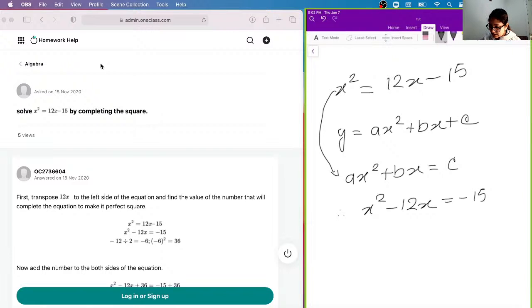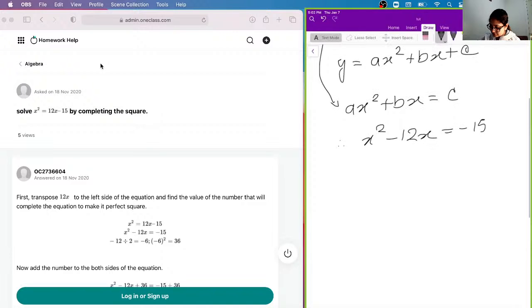And so this is our equation, and to complete the square, if you guys recall, you take the middle term, you divide it by 2, and then you square that number.